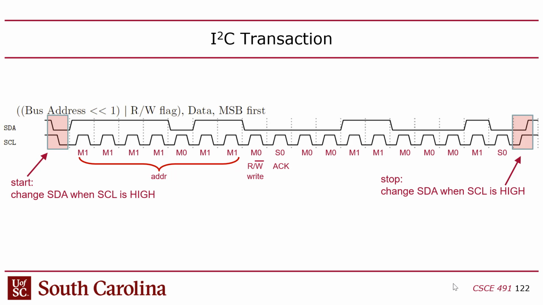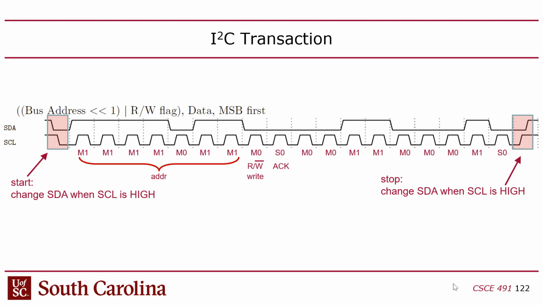And because it's a write, the master now takes control of the data again, and the data is going to be 0, 0, 1, 1, 0, 0, 0, 1, and then the slave will take control and acknowledge that. Then the master will release the clock first, let it go high, and then release the data second, which indicates the stop condition.